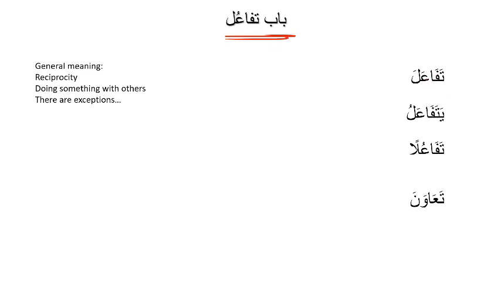So bab tafa'ul. What's special about this bab? There is a ta in the beginning, then fa, alif, and ain. Tafa'ala, yatafa'alu, tafa'ulan. Let me give you the classic example, again with qaf, ba, and lam.